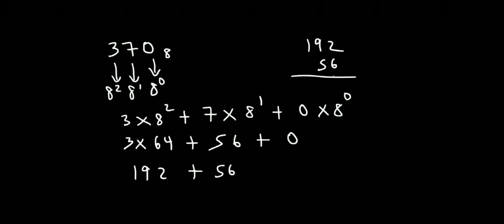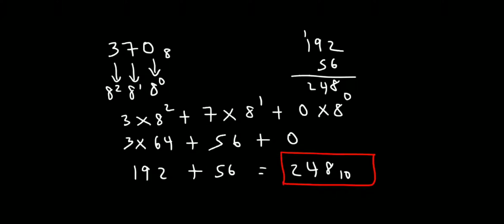So we will add 192 and 56, and we will get 248. So this 248 is the decimal form of the number which we have taken. So this is the answer. Now I hope it is clear to you. With the second example it will be more clear.